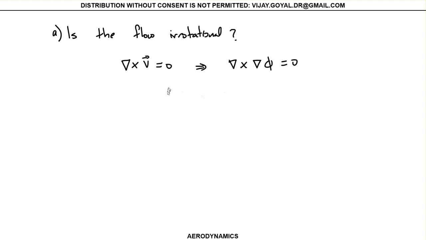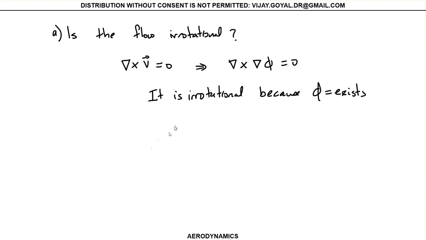Okay, so it is irrotational because phi exists.